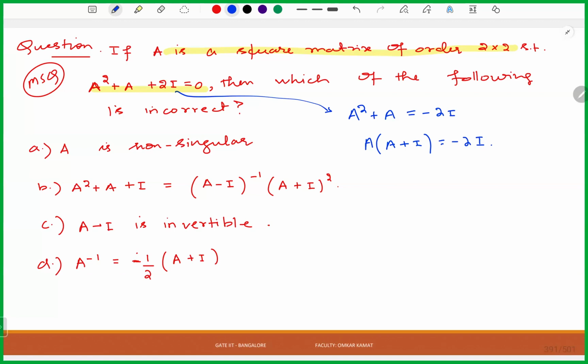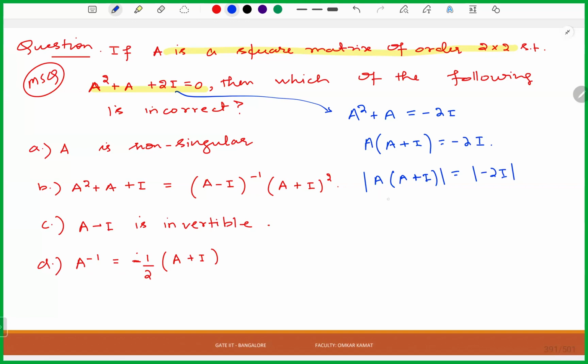Now from here, see, if I take determinant on both the sides, determinant of A into A plus I is equal to determinant of minus 2 times I. Correct or no?